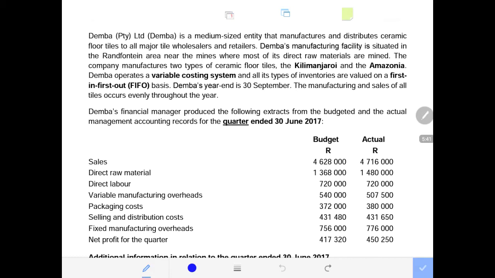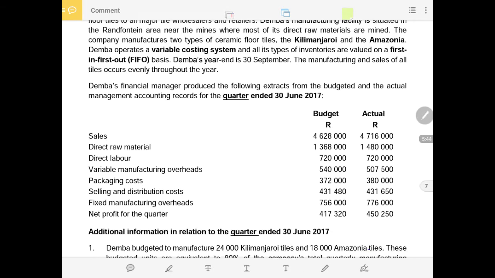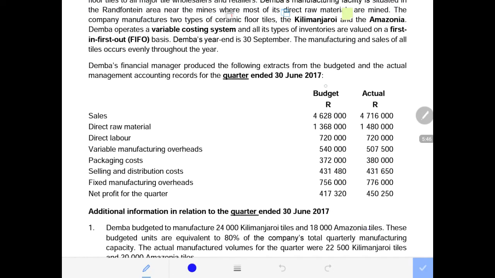Then we are given 2 columns in terms of the information: a column for the budgeted information and a column for the actual information. It is very important to be mindful that our information is provided in totals, not per unit.